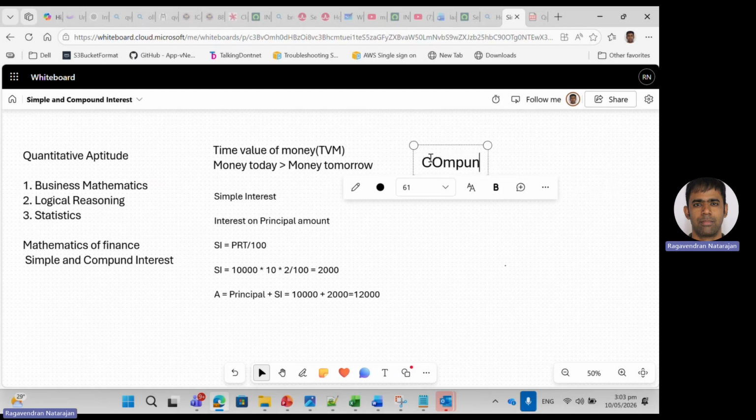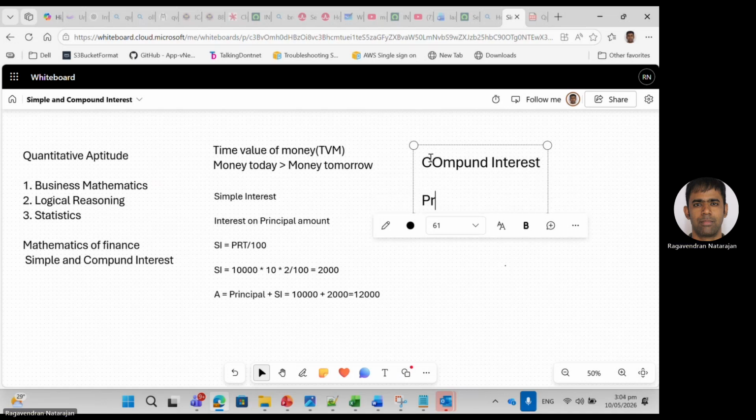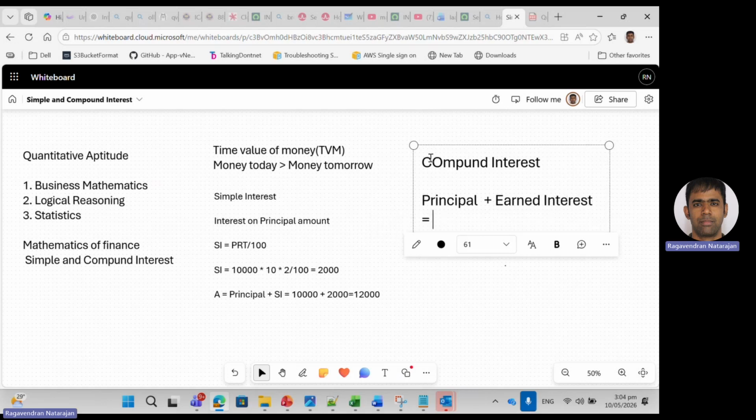So the compound interest, by definition, amount equals principal plus earned interest.